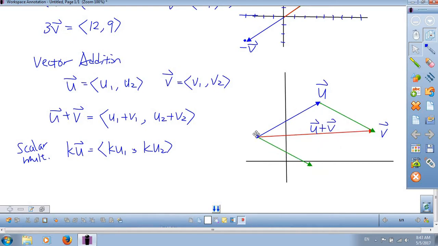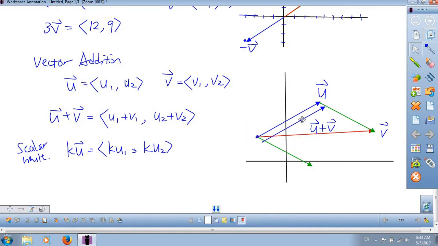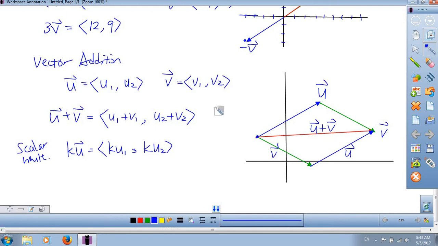I'm going to move v to the initial point of u, and I'm going to copy u and move the initial point of u to the terminal point of v, and then look at this. The green is v and the blue is u. So if I do v plus u, I will have the same result as u plus v. This is a property that works for vector operations: u plus v equals v plus u.